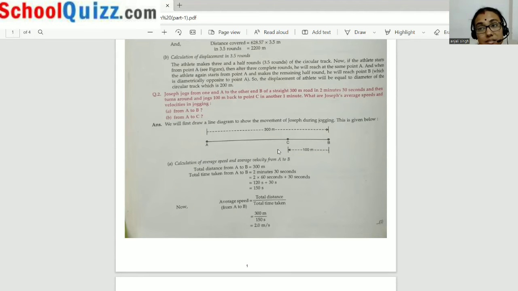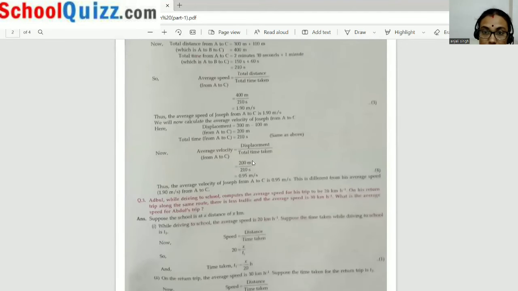Back means minus in case of displacement. So 300 minus 100 in case of displacement. 300 minus 100 is 200. And time will remain the same in case of distance as well as in case of displacement. So that will be 210. So average velocity from A to C will be 0.95 meters per second. Clear everyone?